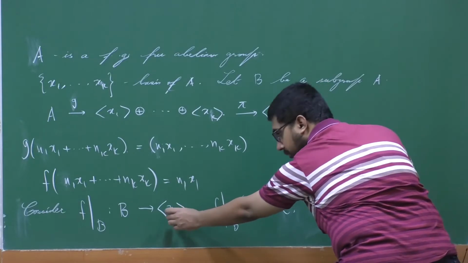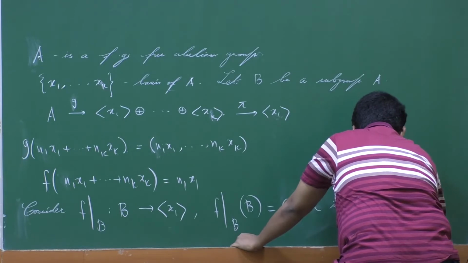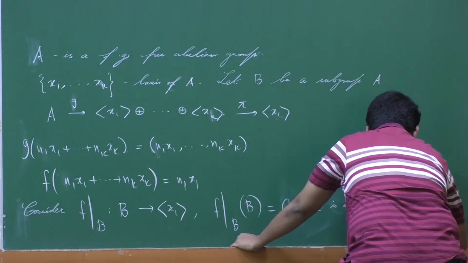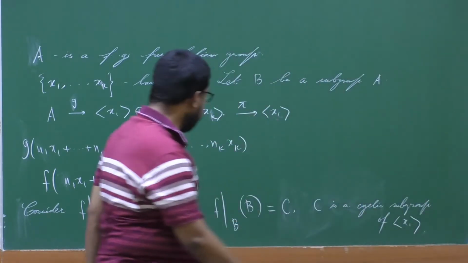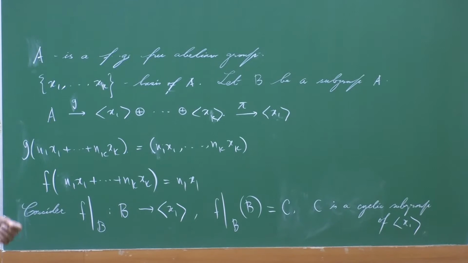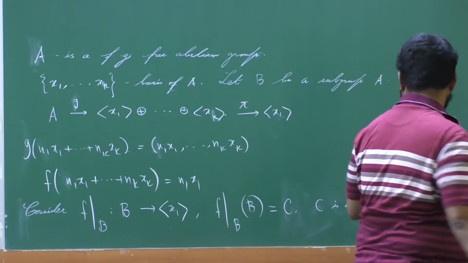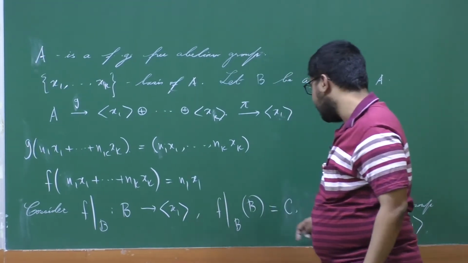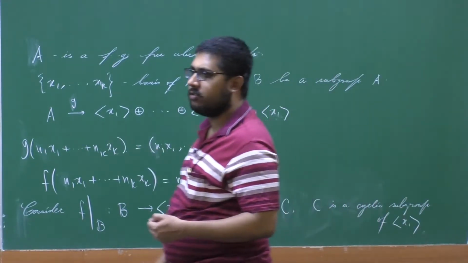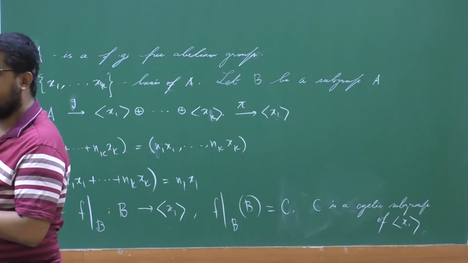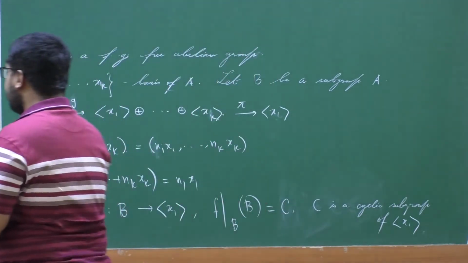In fact, every subgroup of this will be cyclic. Remember that either C is trivial or it is an infinite cyclic group. So certainly C is going to be a free abelian group, being an infinite cyclic group. Okay. So we will use that.